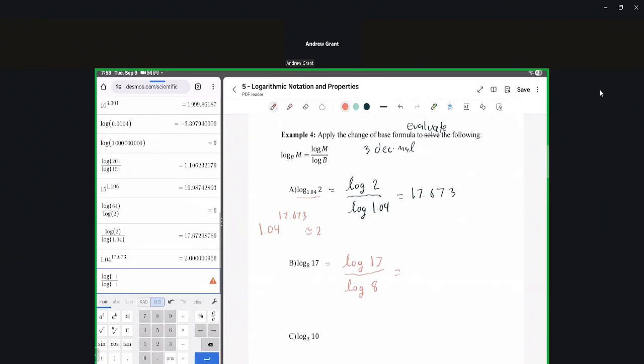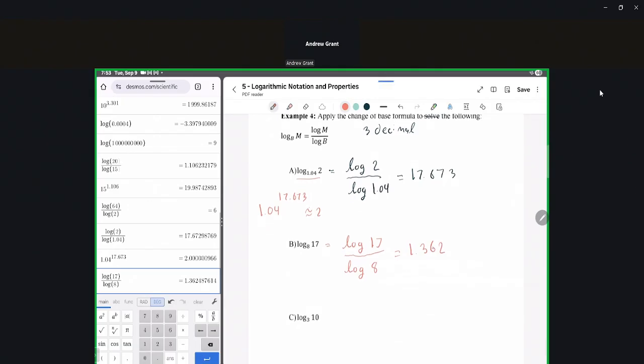Now, if you're watching on YouTube, you're watching me finagle and get used to typing these in. If you're listening to this on the radio or Zoom, you're seeing me just try to type these as best as possible. Not going well, but here we are. Okay, so log 17 divided by log 8 is going to give us 1.362. And again, we'll take 3 decimal places for rounding purposes, and that's going to be good enough.